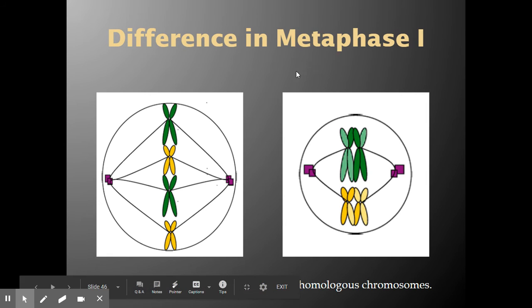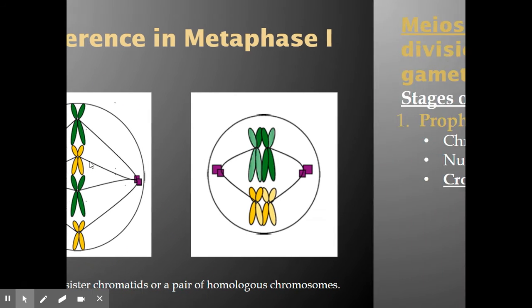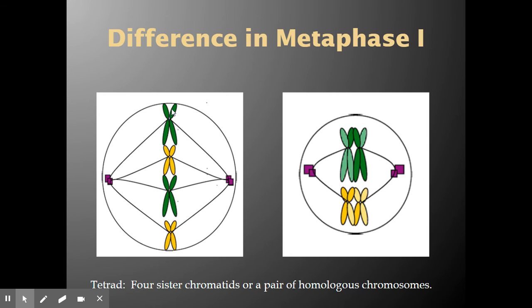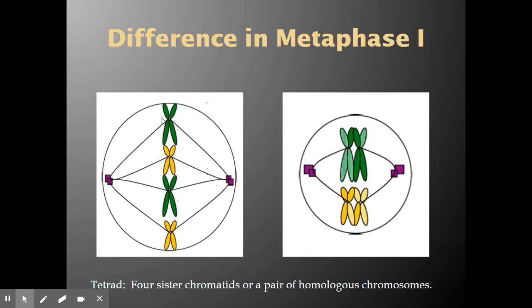But the difference between metaphase 1 and metaphase in mitosis has to do with homologous chromosomes compared to normal chromosomes when they line up. So for example, in mitosis, we had our chromosomes line up and then be pulled apart like this.